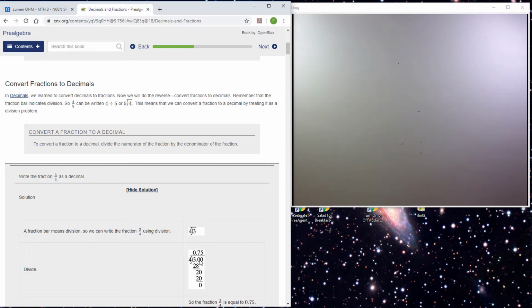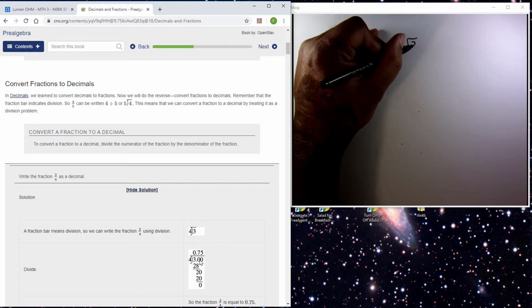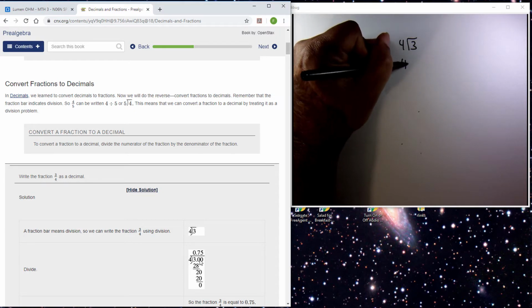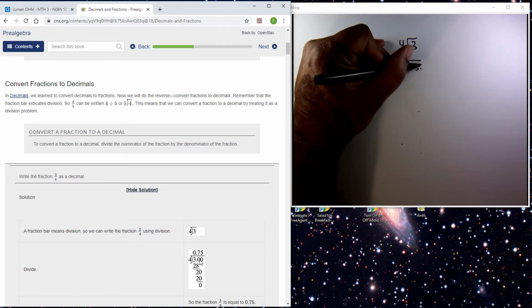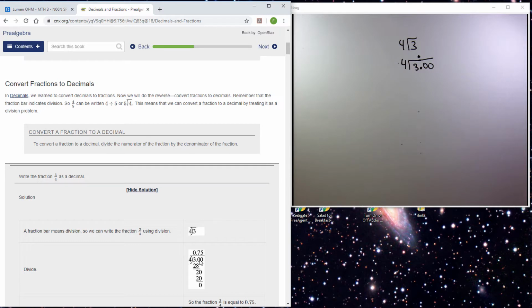Then you do your computation. So they have 4 going into 3. But then they go ahead and they put the decimal here. So I'll rewrite it, and they said 4 goes into 3.00. And I put the decimal right above it. You want to get that far with it in the beginning.